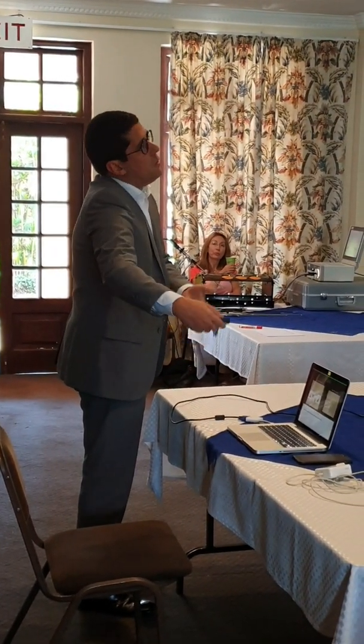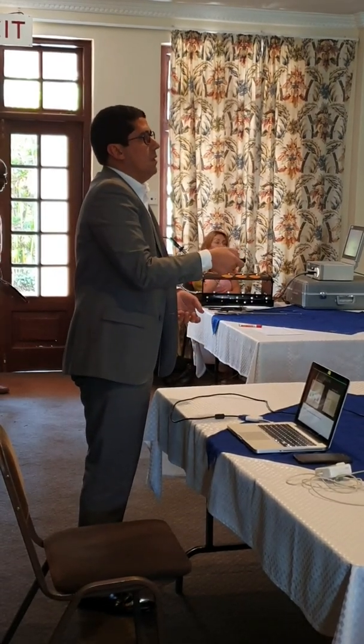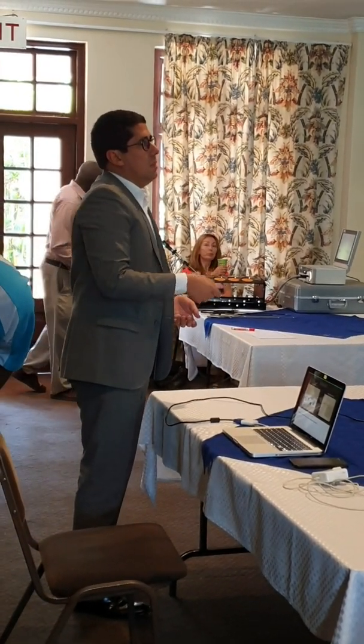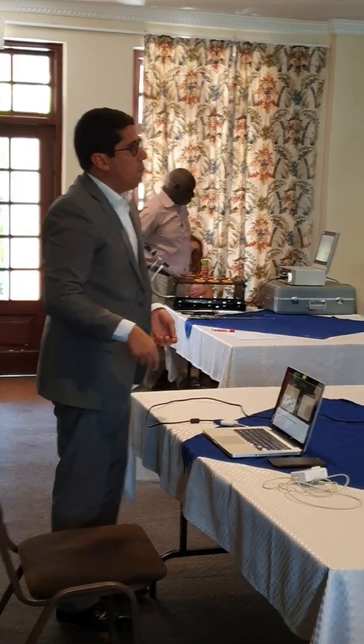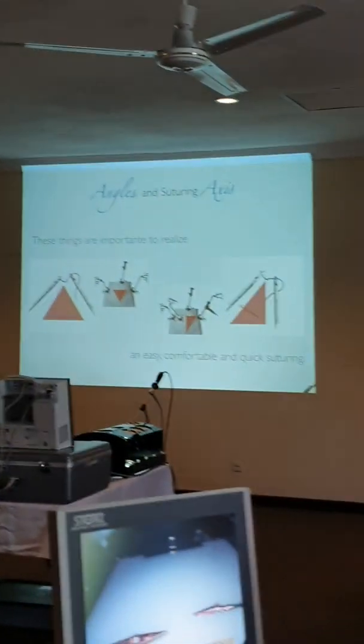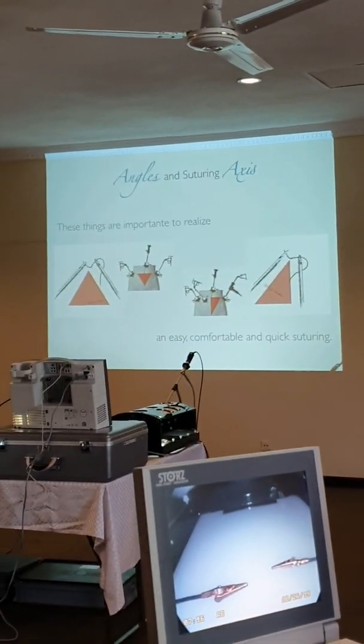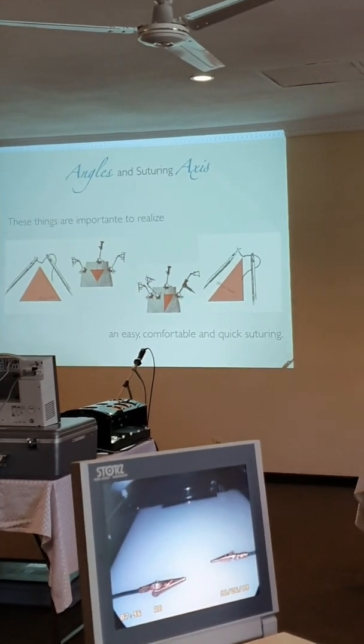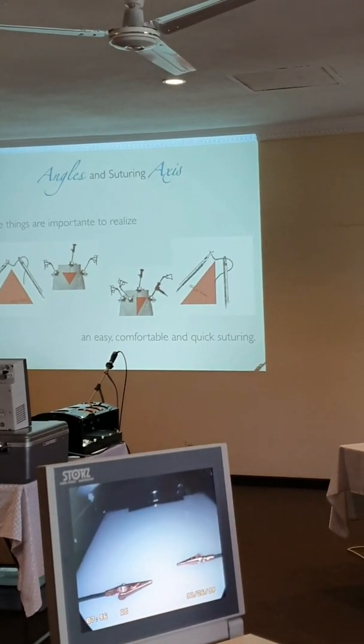You can change these angles. You put one trocar or more, your entry suprapubic, and you stay in this position or in this position.